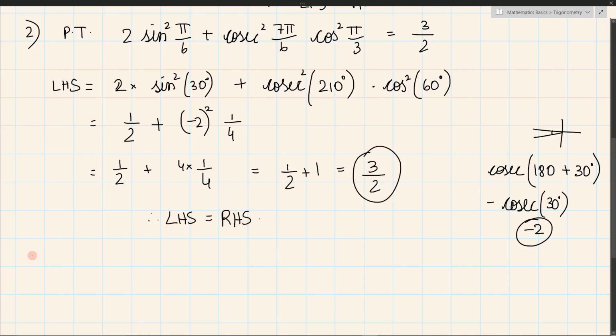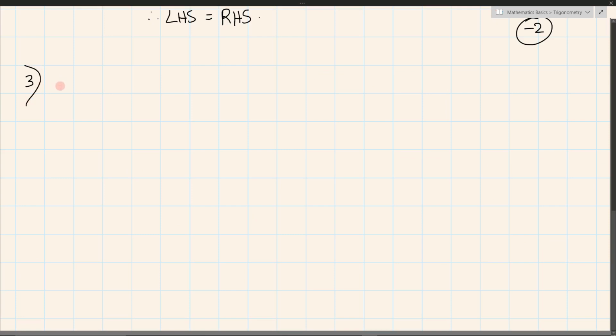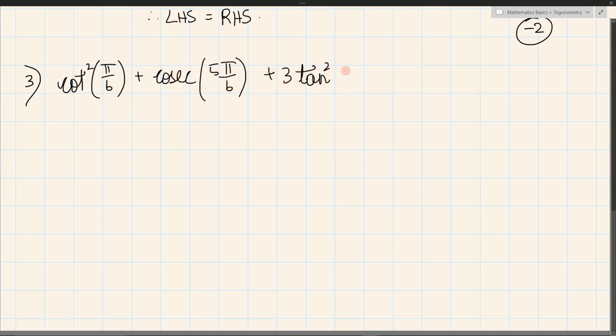So the next question: cot² π/6 + cosec 5π/6 + 3 tan² π/6 = 6. So let us consider the LHS.